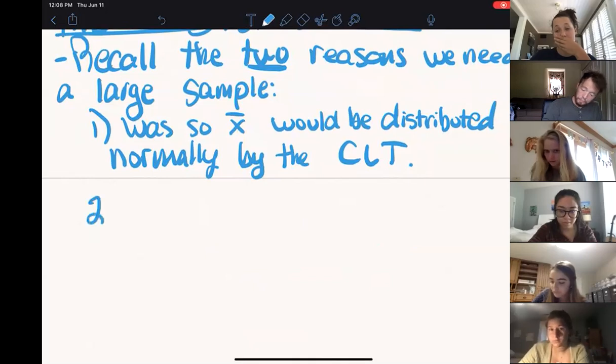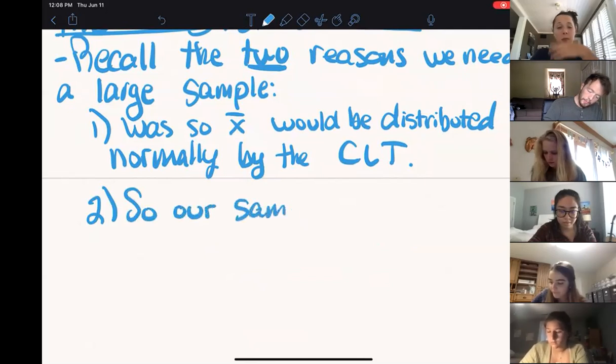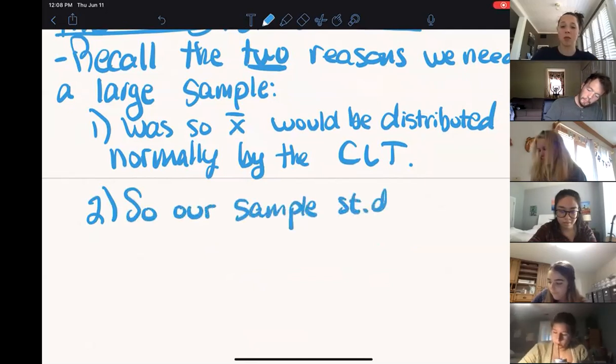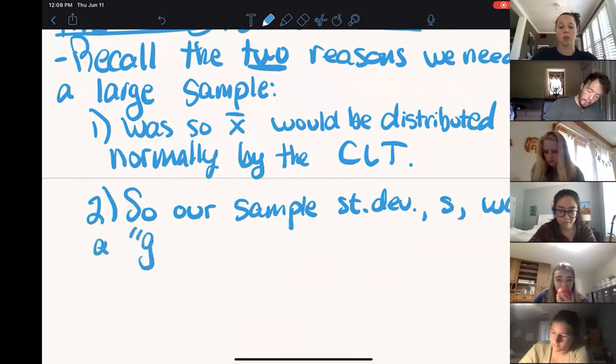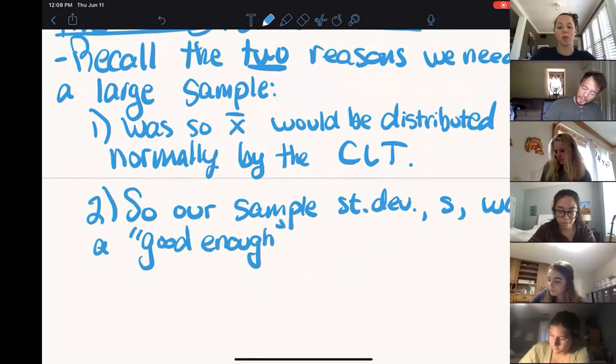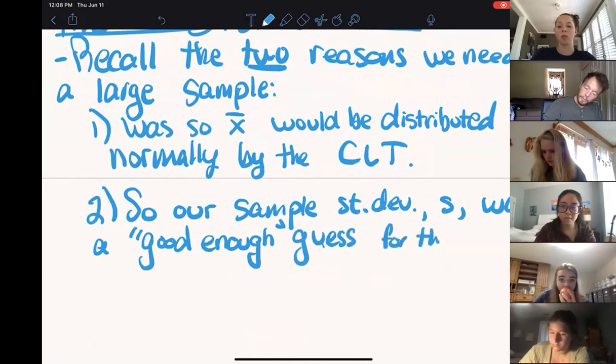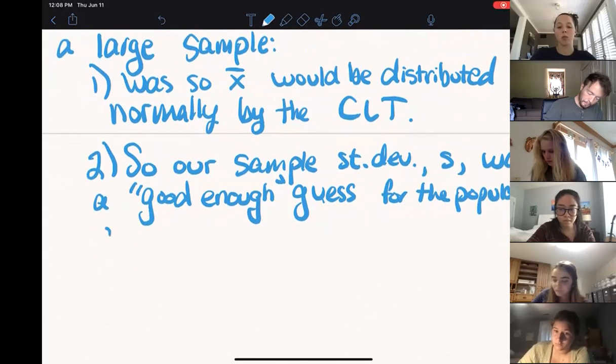The other reason was that our sample standard deviation, which we called S, was a good enough guess for the population standard deviation, which we called sigma.